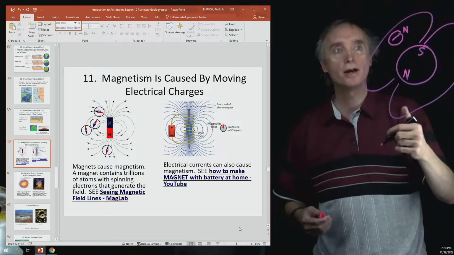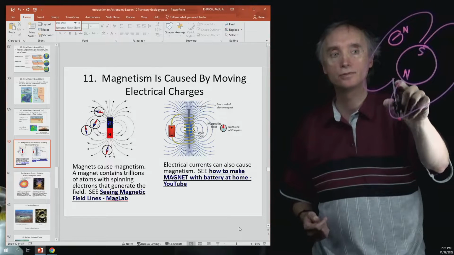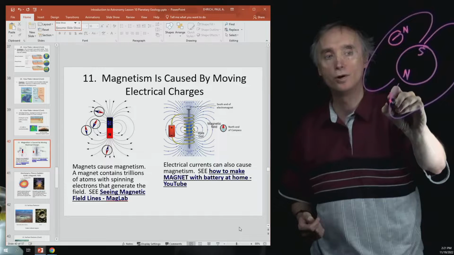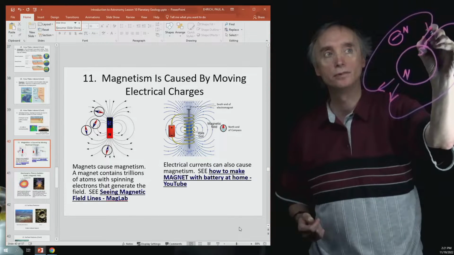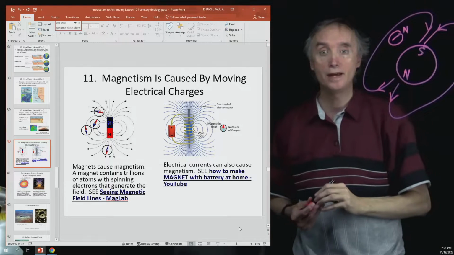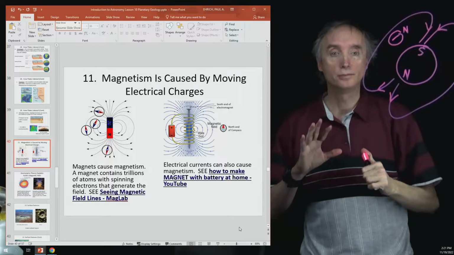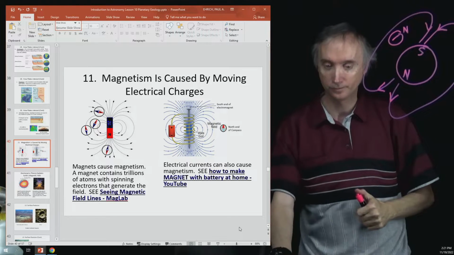But if we want to put some arrows on this thing, then coming out of the north, we would want to put the arrows coming out, and then the arrows go in to the south side. So I would like for you to be able to make a picture showing the magnetic field of the Earth.